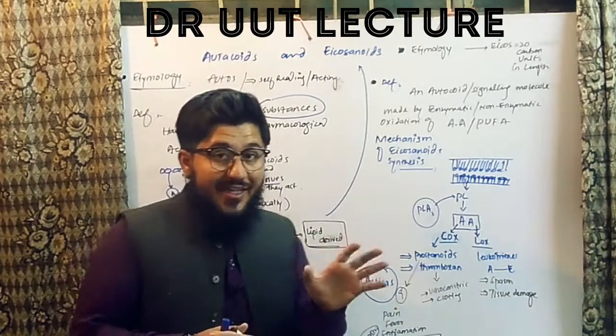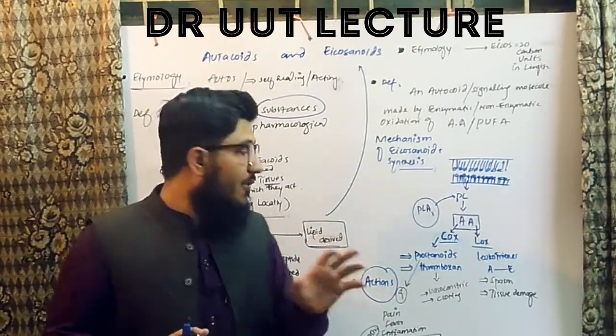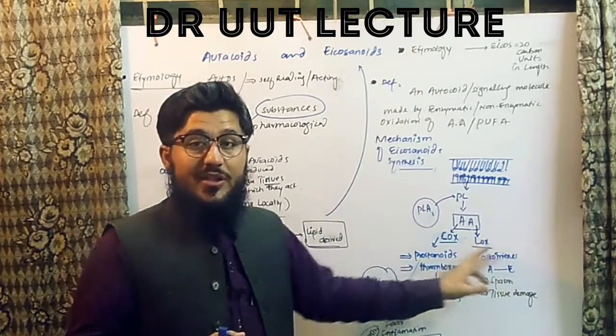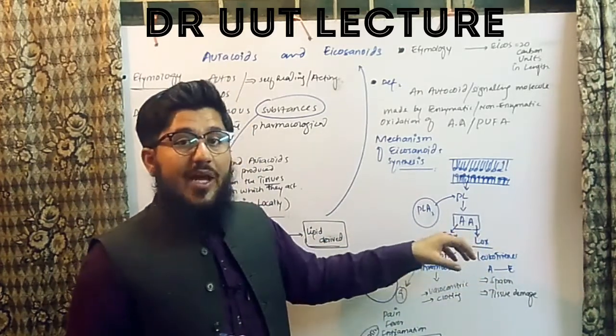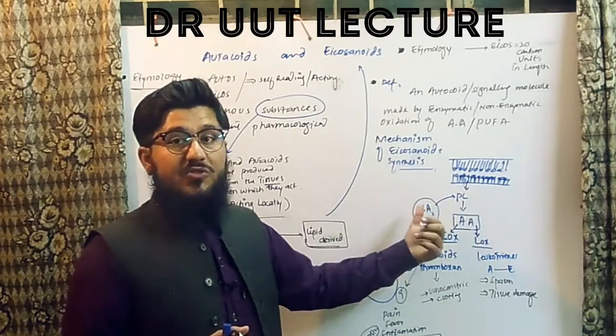Now this arachidonic acid which is produced is a very interesting substrate for COX and LOX. These are enzymes, and both will act on the arachidonic acid produced from the phospholipid with the help of phospholipase A2.